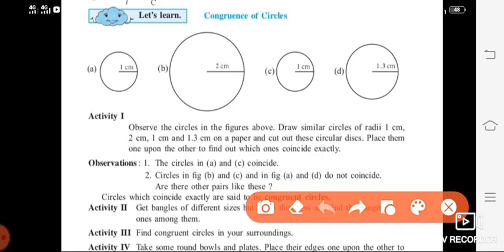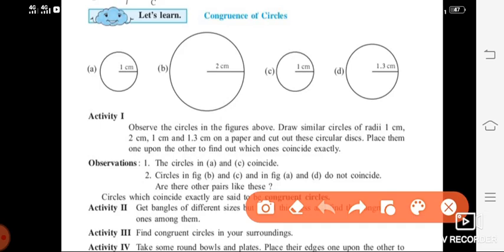Now what will we do, children? We will prepare circles. The first circle should be of 1 centimeter, the second circle of 2 centimeter, and the third circle of 1.3 centimeter. Like this, you will cut out 3 circles from paper.